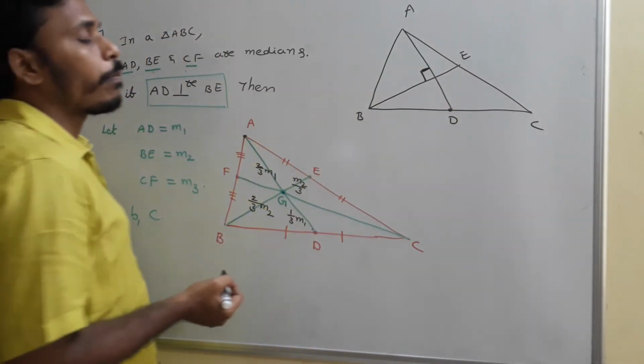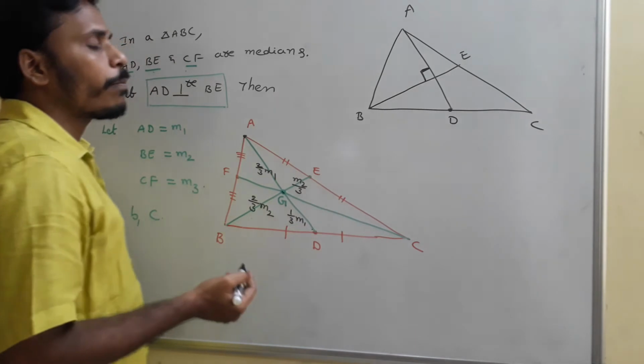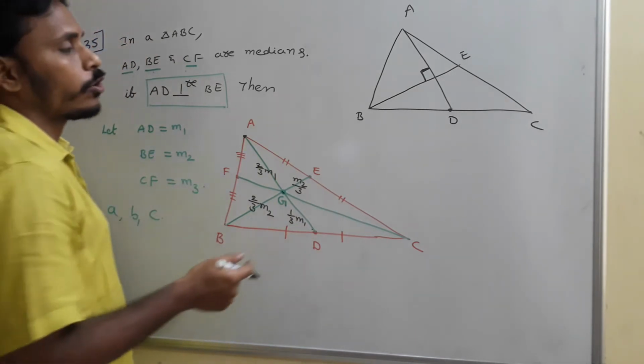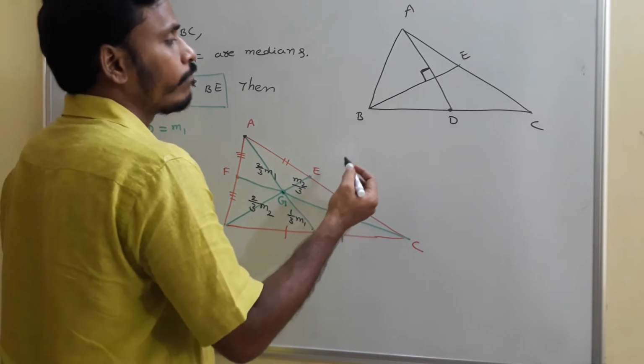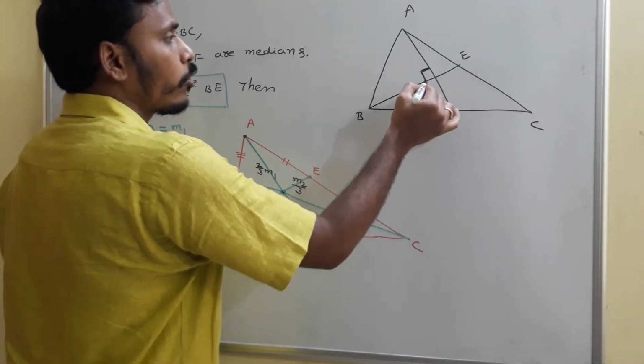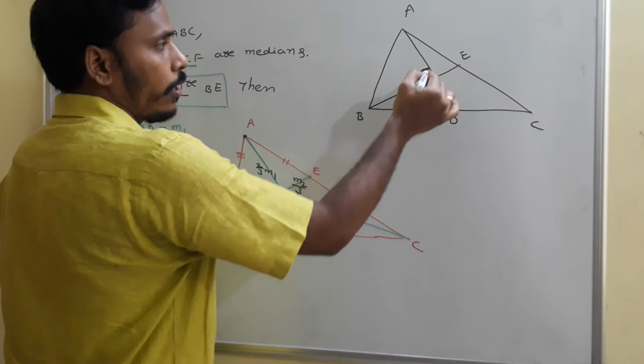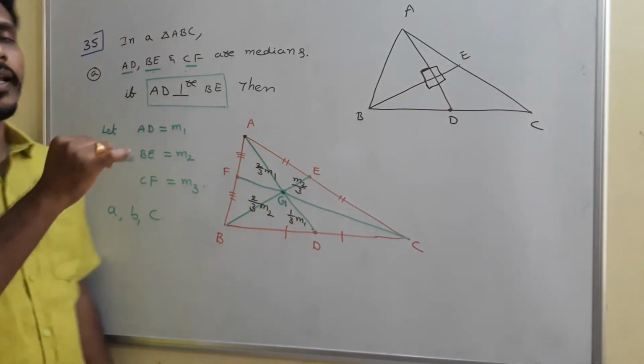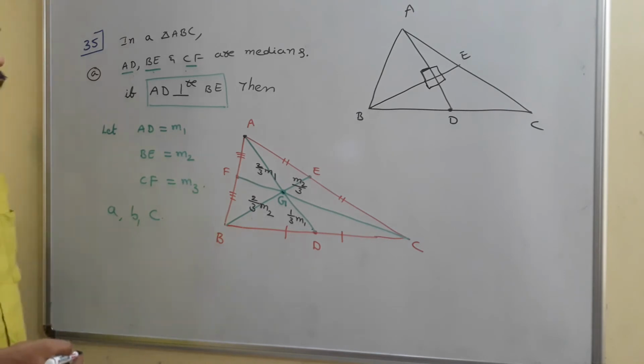And since it is perpendicular, you will have the same perpendicularity in other possibilities also. Okay, in other possibilities, in the sense, in this possibility also, we have the perpendicularity. Since the medians are perpendicular, 90, 90, 90 will happen, since AD is perpendicular to BE.